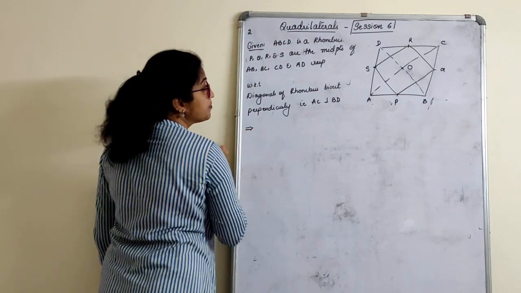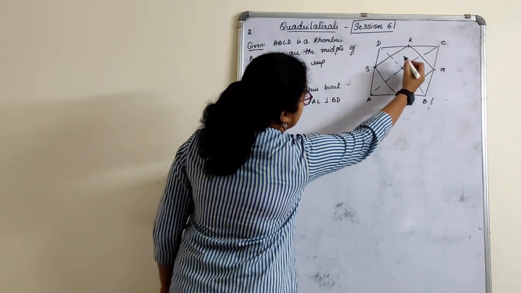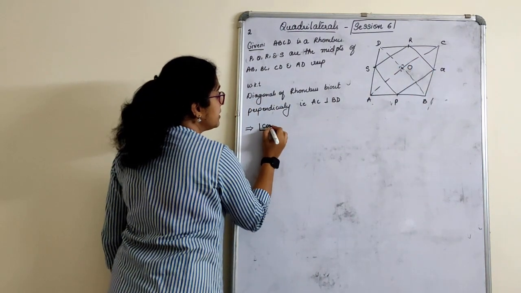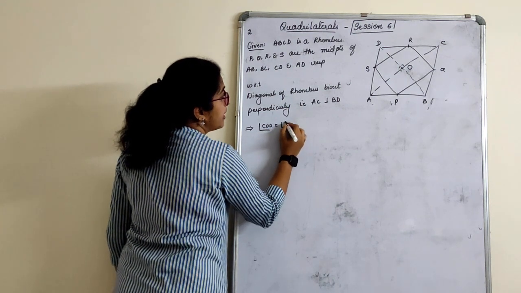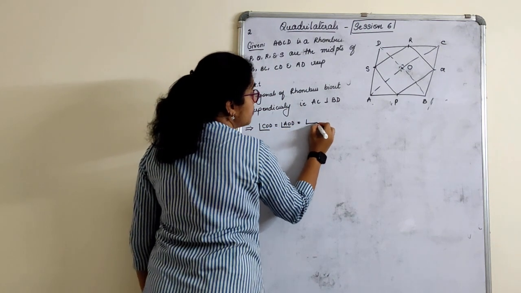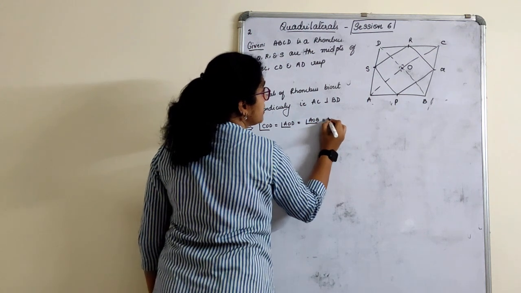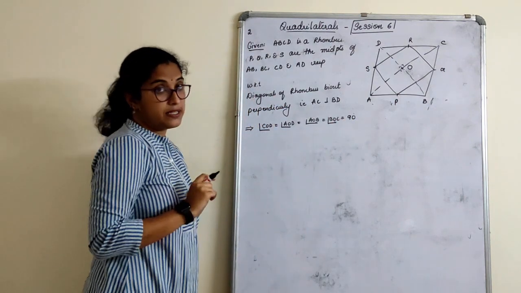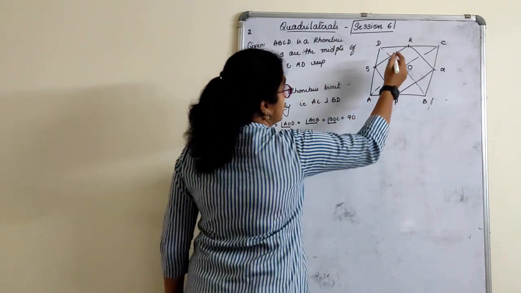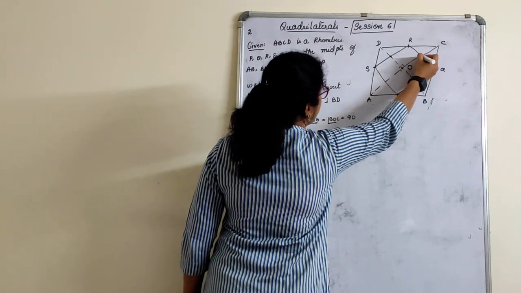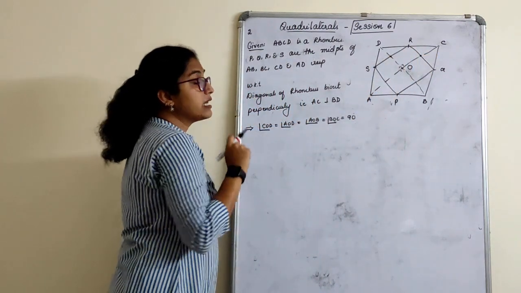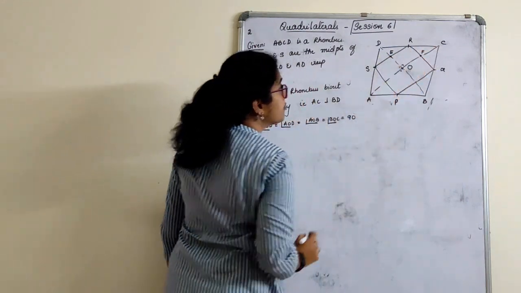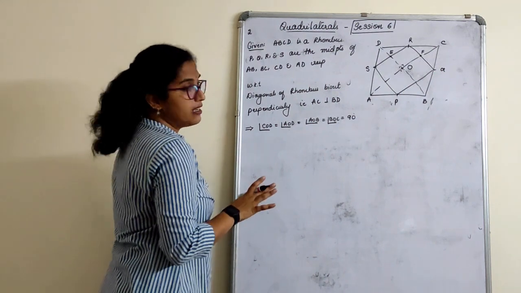This implies AC is perpendicular to BD, this is all 90 degree. This implies angle COD is equal to angle AOD is equal to angle AOB is equal to angle BOC, that is equal to 90. Keep this as it is. What we will take here is, we will take these 2 points of the diagonals which is cutting at the parallelogram as E and F. Okay, and choose one angle here.